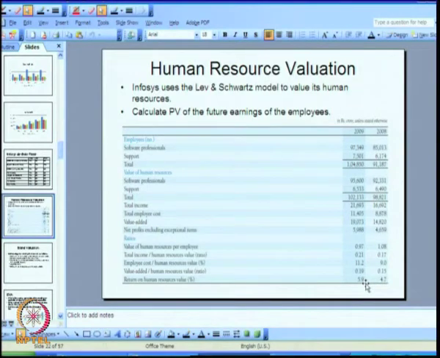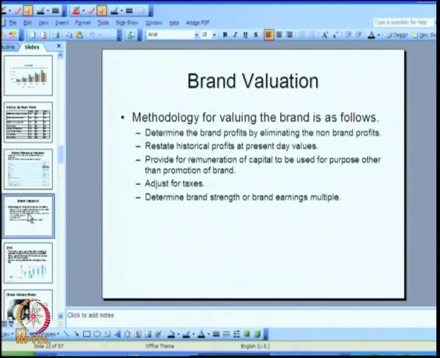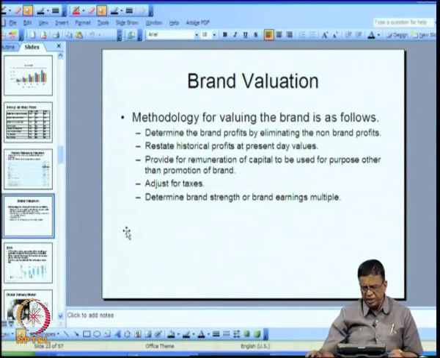Every figure is reported in rupees crores. So, this is the percentage which you are really getting. If you see, there has been a steady increase in the return on human resources value also. The brand evaluation model, again a methodology for valuing the brand.